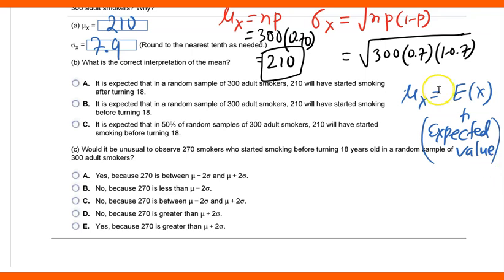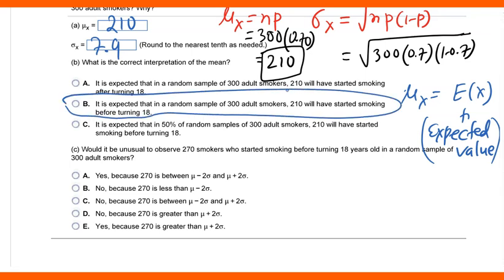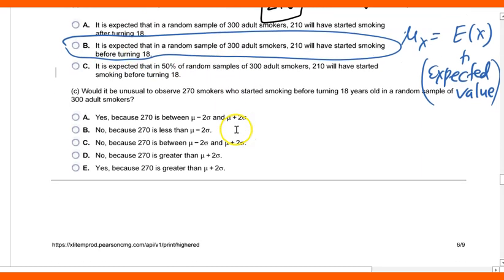That means we expect 210 adult smokers to have started smoking before turning 18 in the sample of 300. Therefore, the answer is B. If you read it carefully, 210 is the expected value, so it is expected that in a random sample of 300 adult smokers, 210 will have started smoking before turning 18. That's the answer.